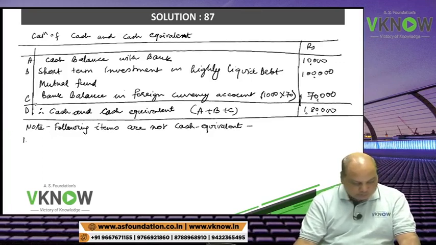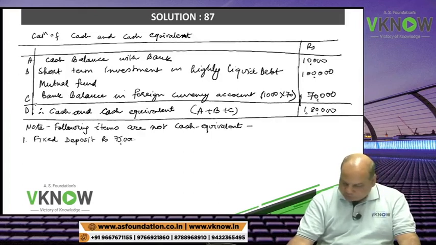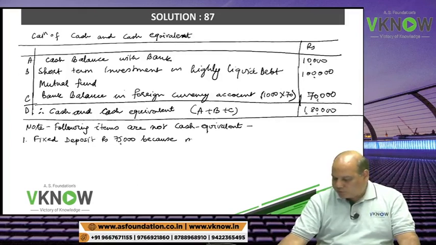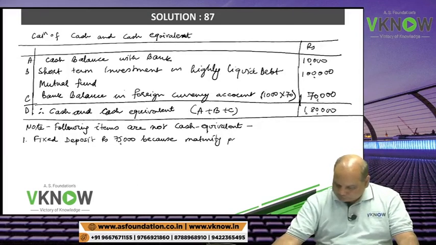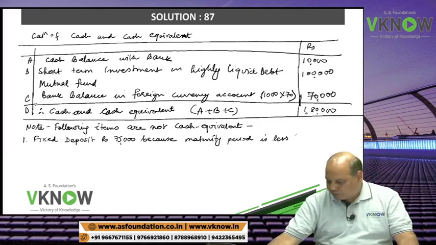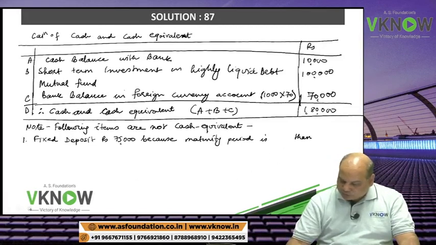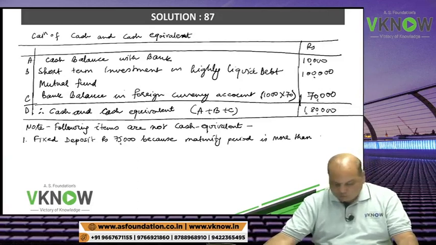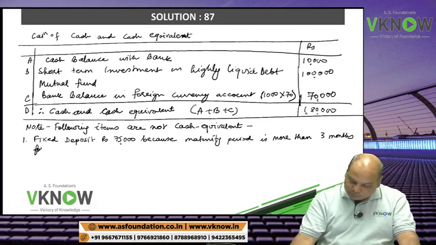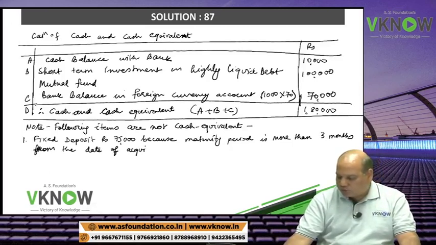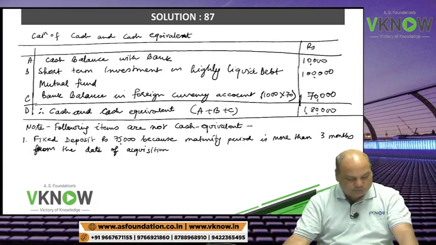Under that, write down one: fixed deposit rupees 75,000, because the maturity period is more than 3 months from the date of acquisition.